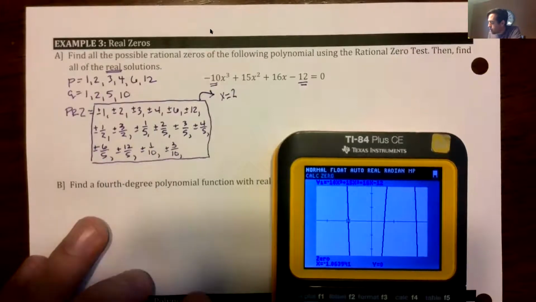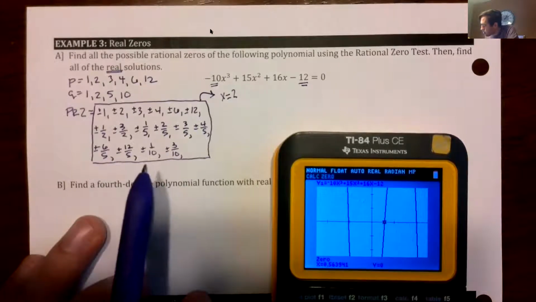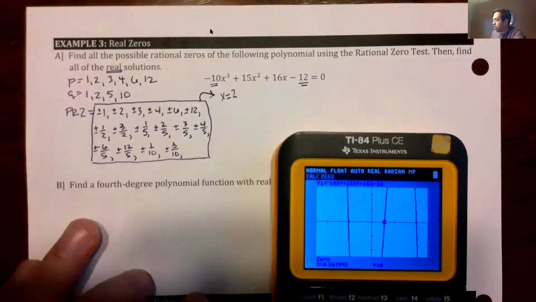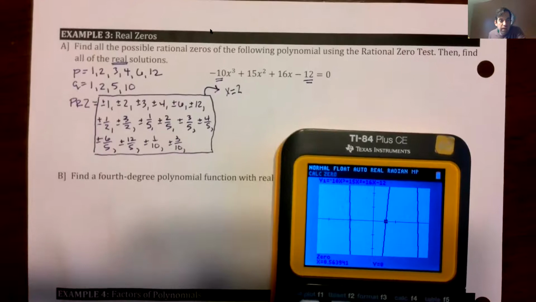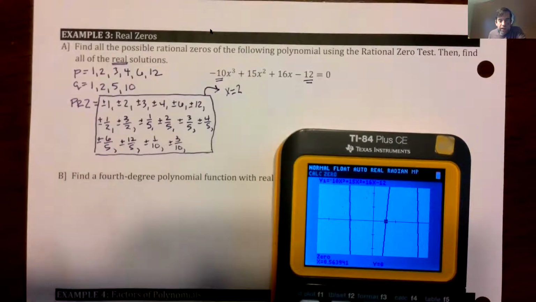So that's not on our list. Let's check the other one that we don't have yet, which is this one over here between 0 and 1. 0.5639. Yeah, that's not on our list either. So those must be irrational. They're not rational, because if they were rational, they would show up on our list right here.